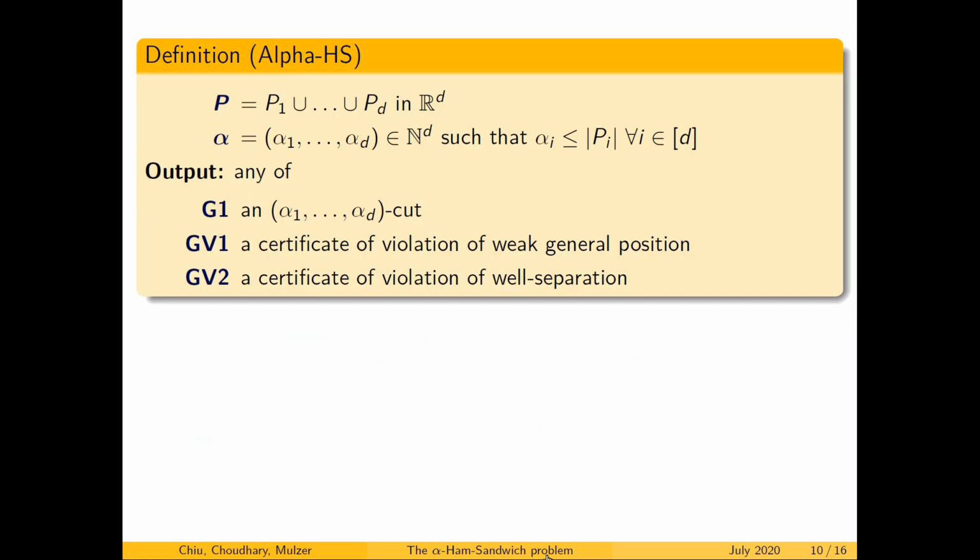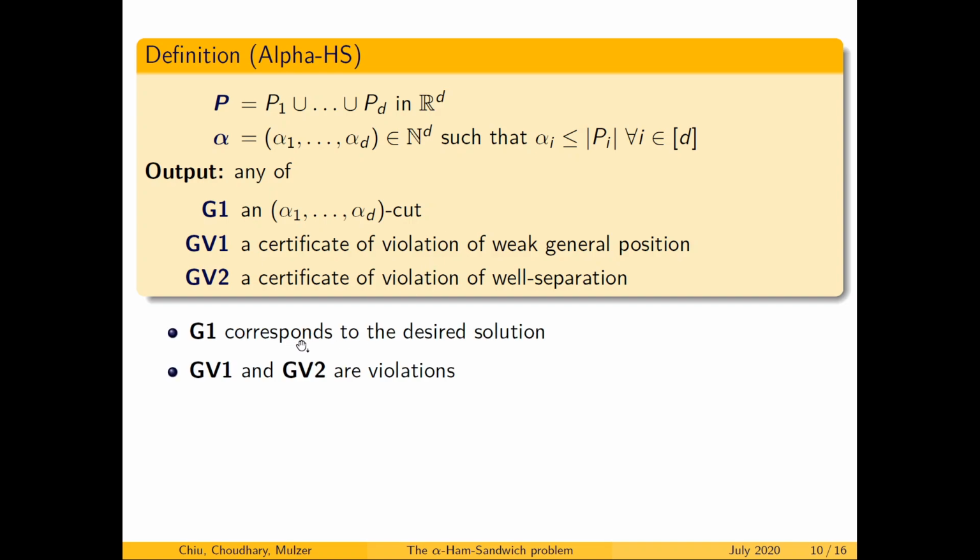This can be done by allowing for more outputs. So if we have the input as the colors and the alpha vector, apart from having a hyperplane as a solution, we also allow certificates which witness the violations of the two conditions as solutions.